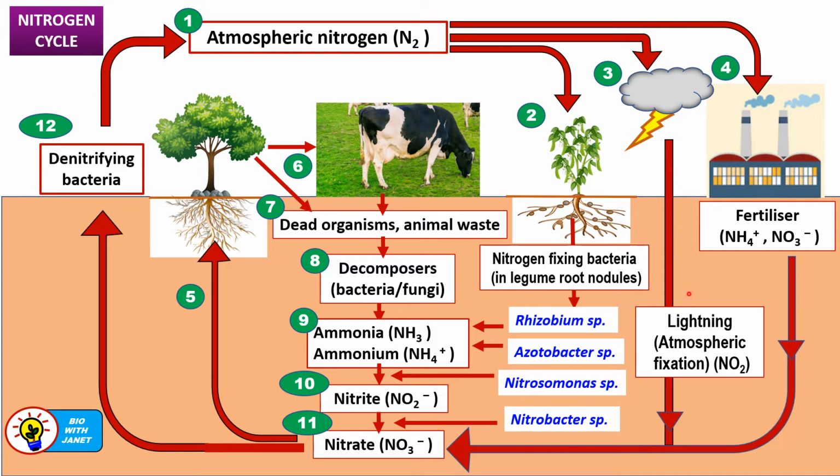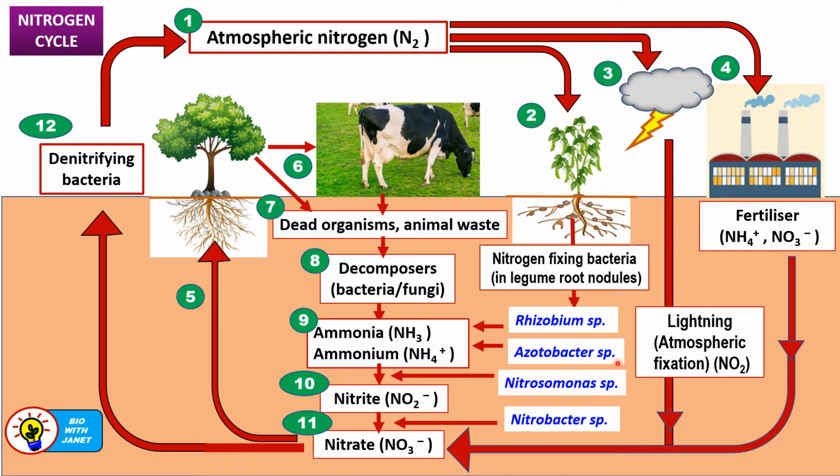There are three methods of nitrogen fixation. The first one is through the use of nitrogen fixing bacteria that live in the root nodules of legumes. This bacteria is Rhizobium species. Apart from Rhizobium species, another bacteria that carries out the same process is Azotobacter species, which is free living.